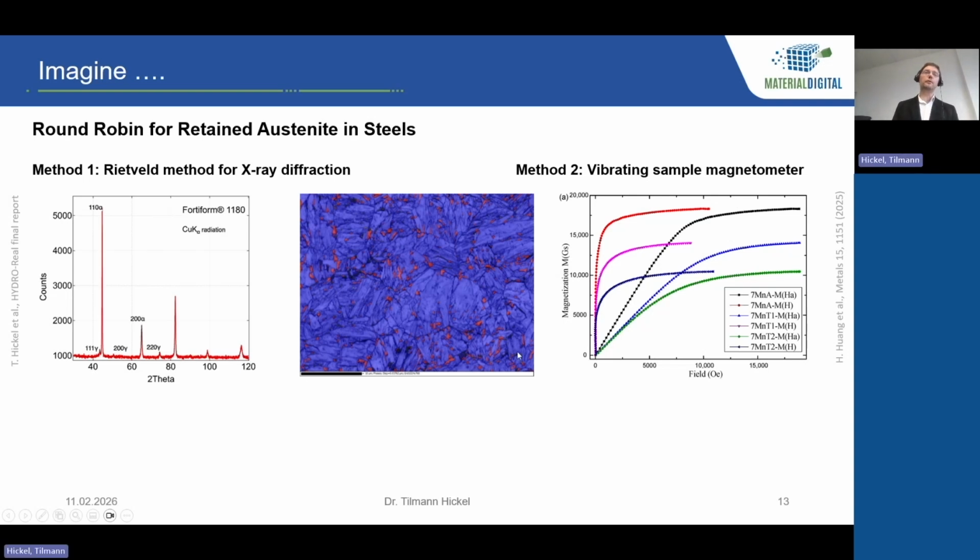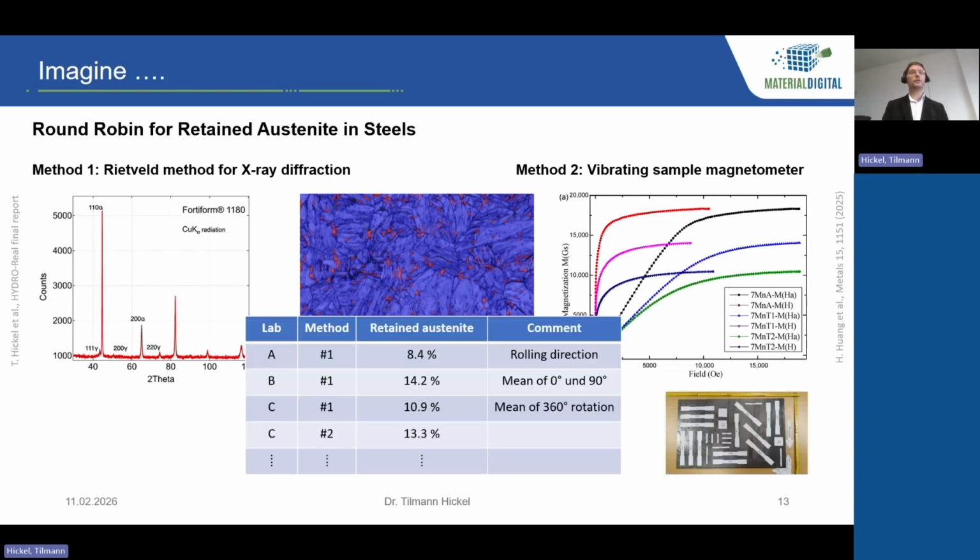And the problem is if you have collaborative projects, and as I said, I am involved in some of them, then every lab is doing it in a different way. So for instance, even if you think about X-ray, then it's the question, do you measure in rolling direction perpendicular? Do you average in which way over different rolling directions?